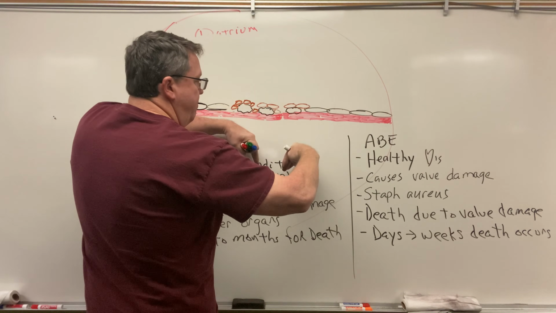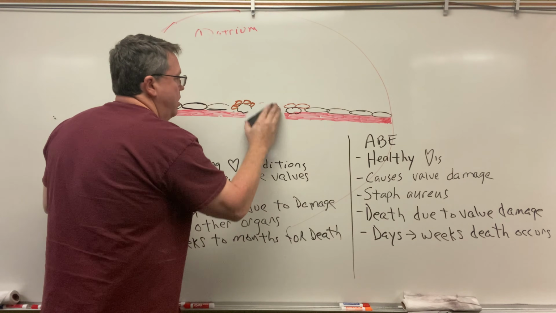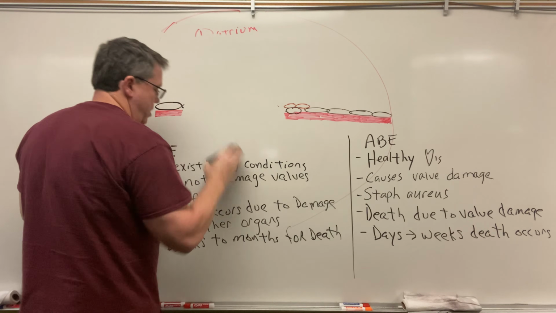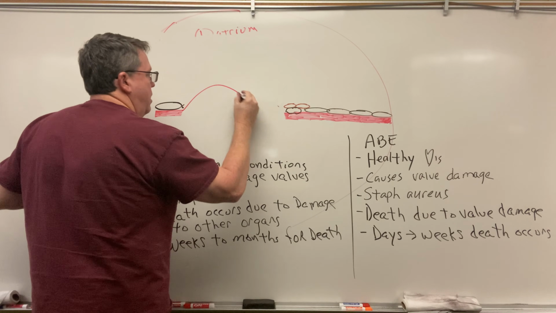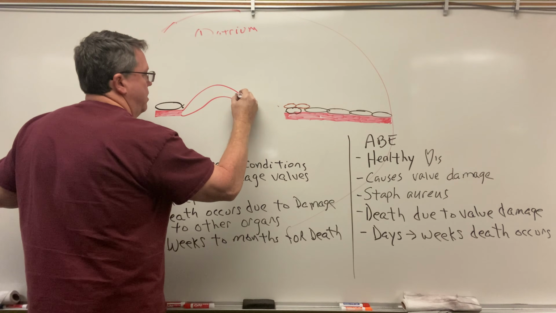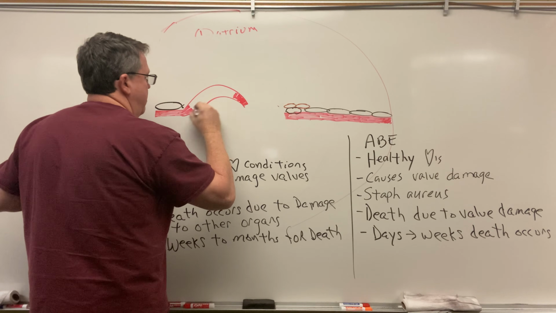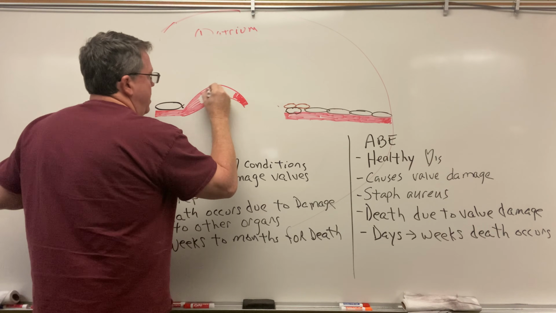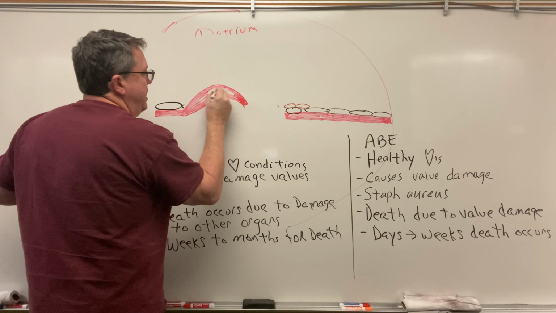So now instead of the valves opening and closing like they should, my valves will actually start to change their shape. And they become prolapsed. All right, so now you can see the valve doesn't close.